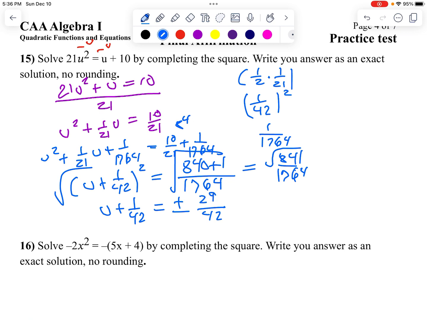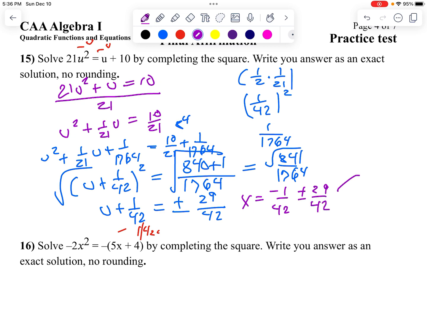Well, then I'll subtract 1 over 42 from both sides. So then we're going to get u equals negative 1 over 42 plus or minus 29 over 42.